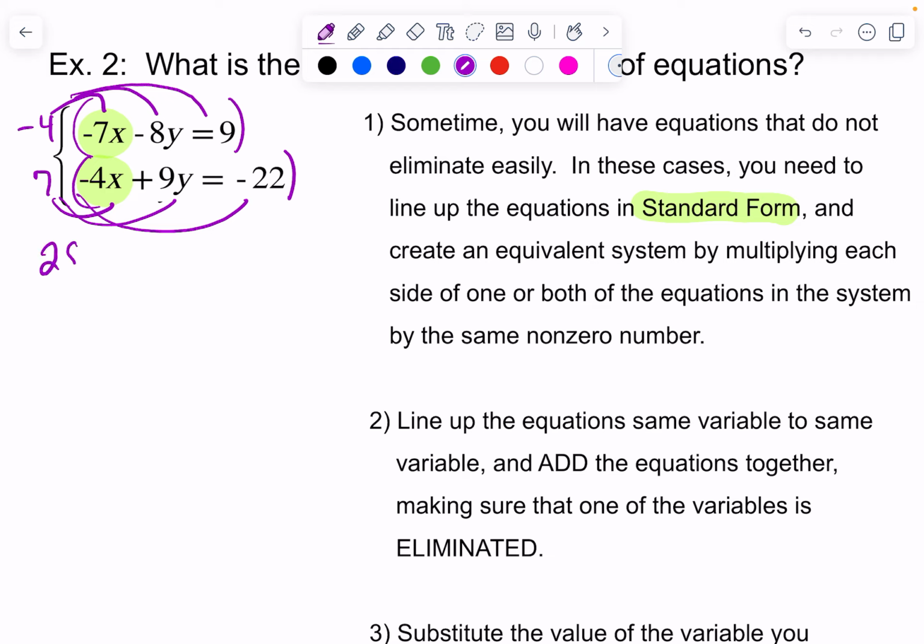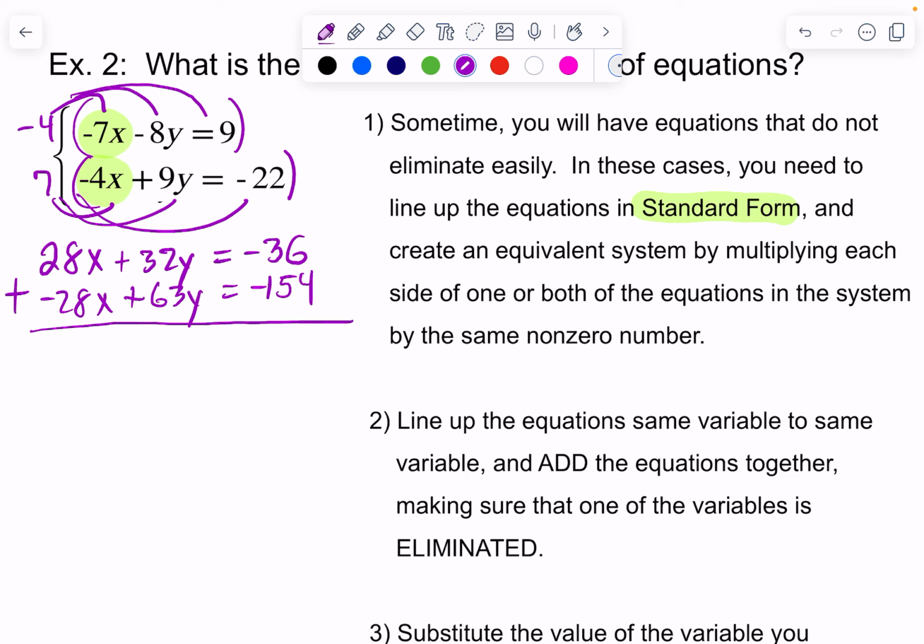So I've got 28x plus 32y equals negative 36, plus negative 28x plus 63y equals negative 154. As you can see, the x's cancel.